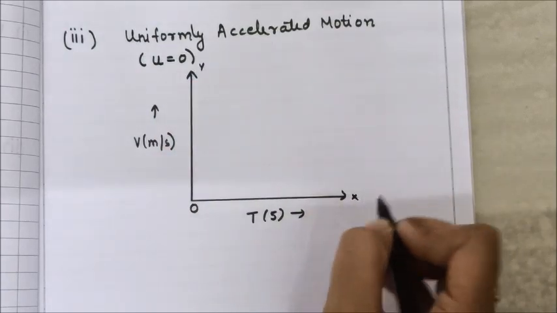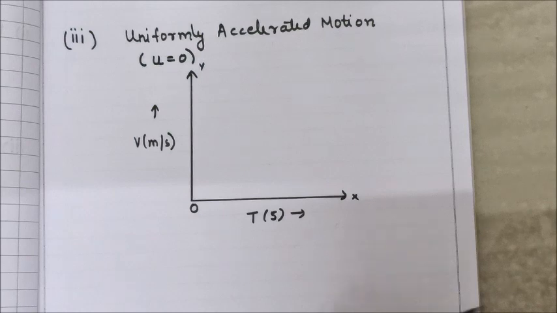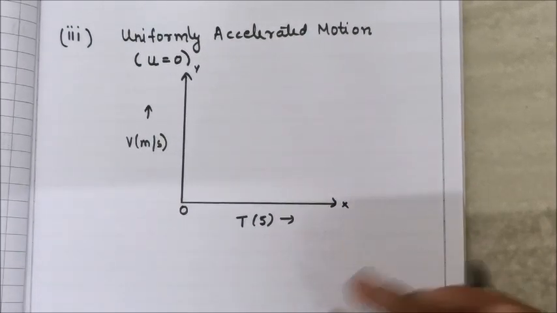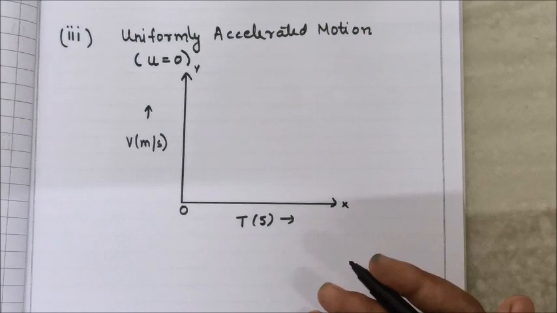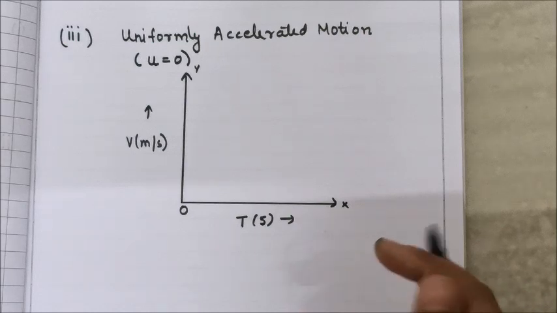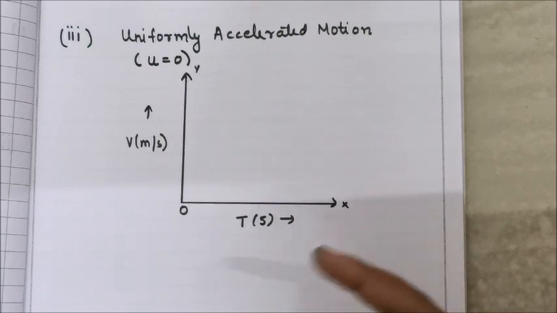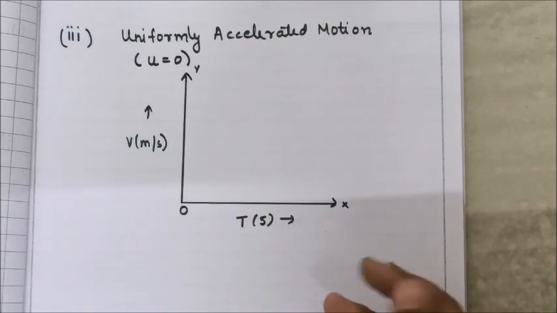Uniformly accelerated motion means, as we go by the definition, whenever a body is increasing or decreasing its velocity. Decreasing will be the retardation case. Whenever a body is increasing its velocity in a uniform manner, that means it is increasing its velocity by an equal amount in equal intervals of time, then we say the body has uniformly accelerated motion.